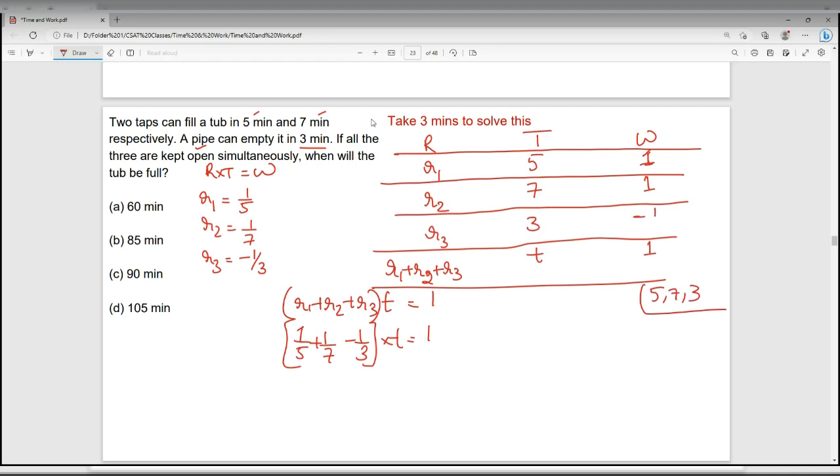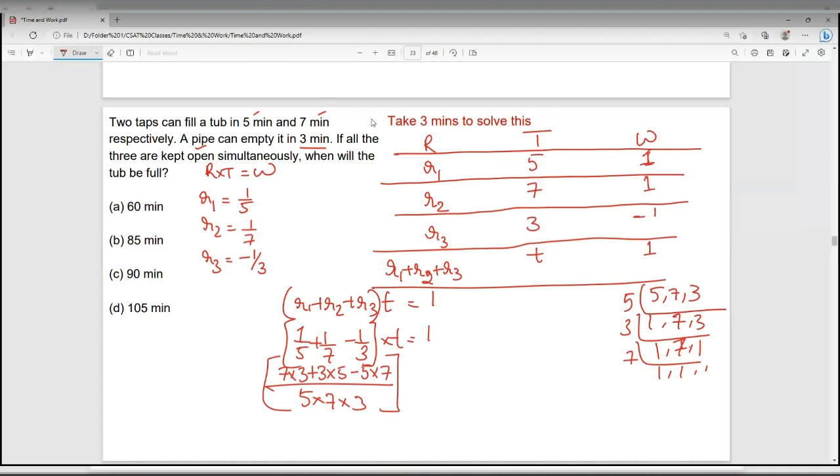And then we have this 5, 7, 3. The reciprocal would be 5 into 7 into 3. So we do it. The LCM would be 5 into 7 into 3, and the numerator would be 7 into 3 plus 3 into 5 minus 5 into 7, into T is equal to 1.